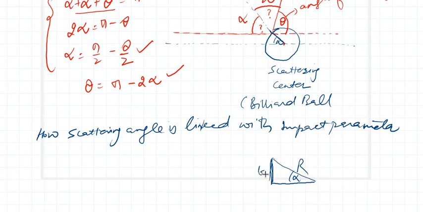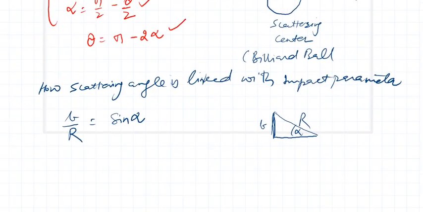This distance is the impact parameter. Now you can apply simple trigonometry that B upon R is nothing but sine of alpha. So B is equal to R sine alpha.